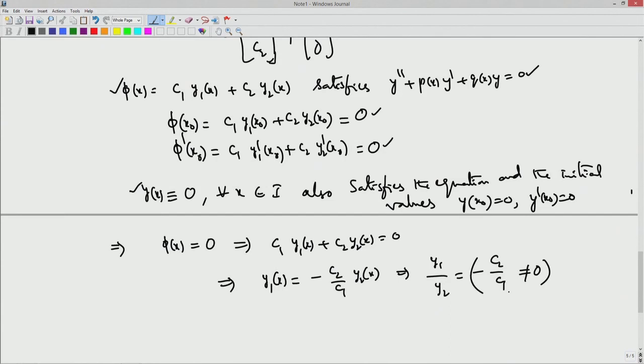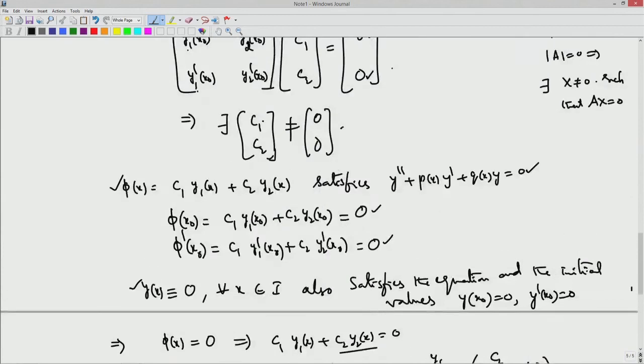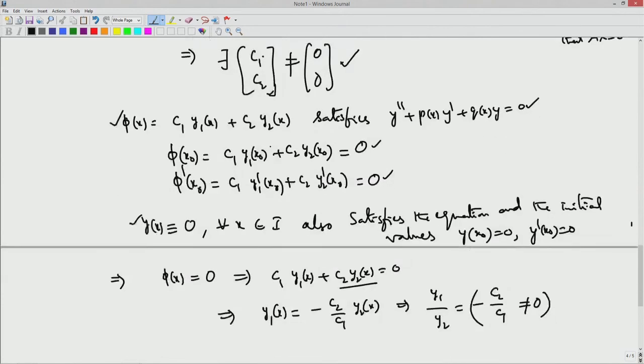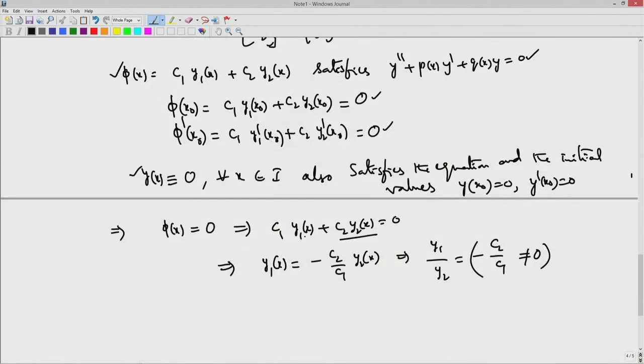Assume that C2 is 0. We have seen that this, as a vector, is non-zero. So if C2 is 0 and C1 is non-zero, then C1 into y1 is 0, and because y1 is a non-zero function, C1 has to be 0.